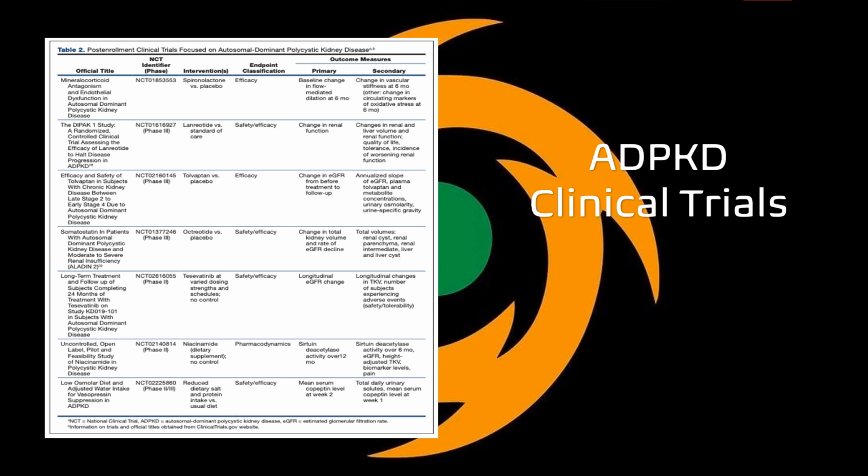The secondary outcome measure was an annualized slope of eGFR, plasma tolvaptan metabolite concentrations, and urinary osmolarity and urine specific gravity, to be assessed and analyzed as part of the outcome measures in this particular clinical trial.